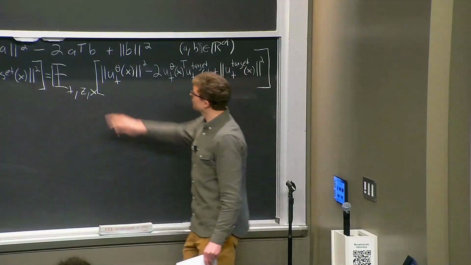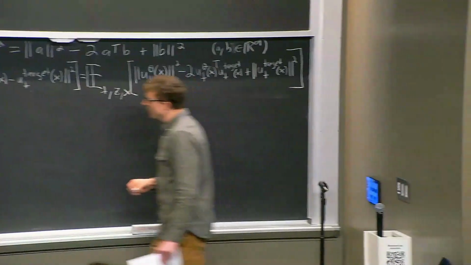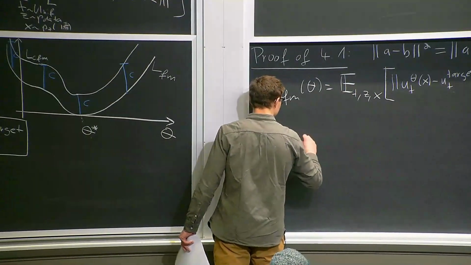All right, so I've applied this general formula onto this expected value. I'm now doing the same thing for the conditional flow matching loss.